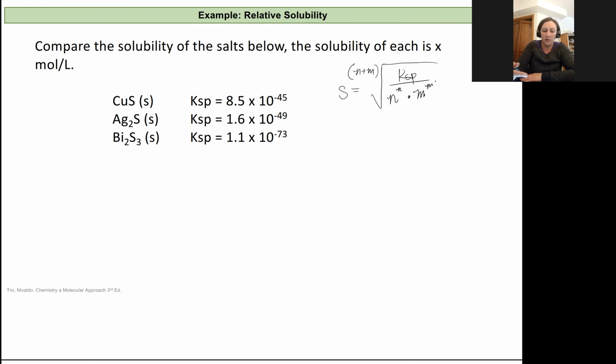So for copper sulfide, when it is dissolved in water, it'll produce a copper ion and a sulfide ion. And so we'll have coefficients that equal 1 and 1, and that's our n and our m in our equation.